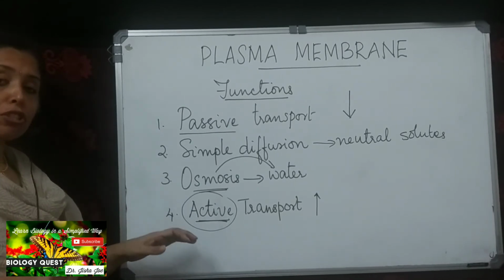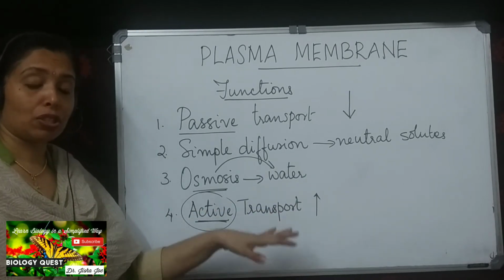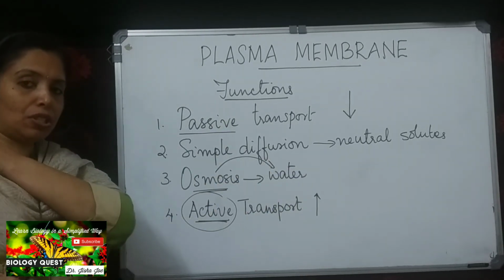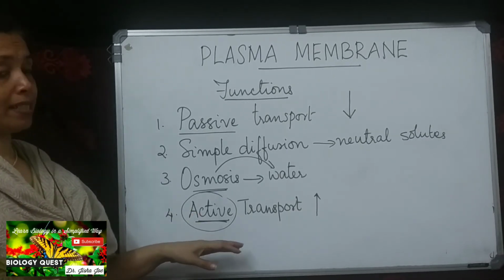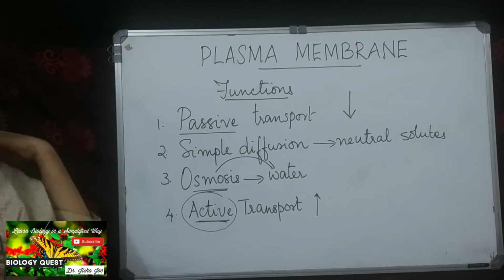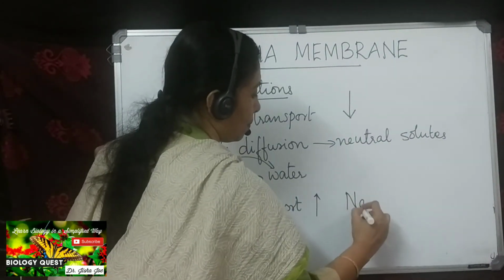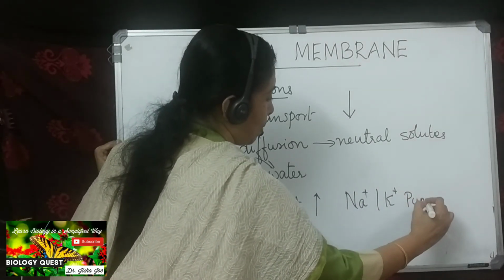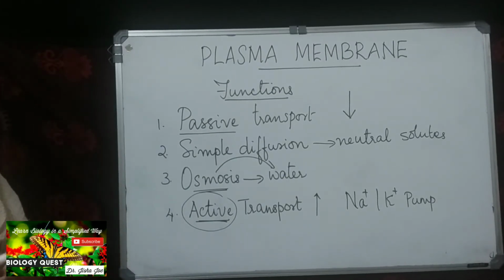So transportation of molecules occurs from a region of lower concentration to a region of higher concentration with the utilization of energy. An example is the sodium-potassium pump, an example of active transport taking place through the plasma membrane.